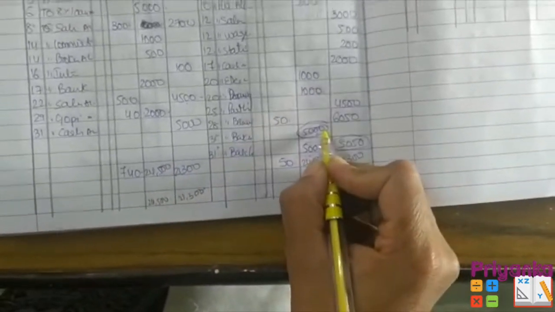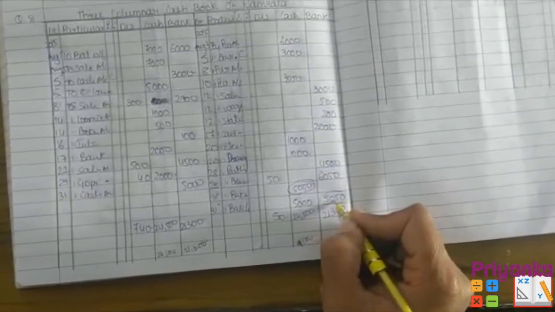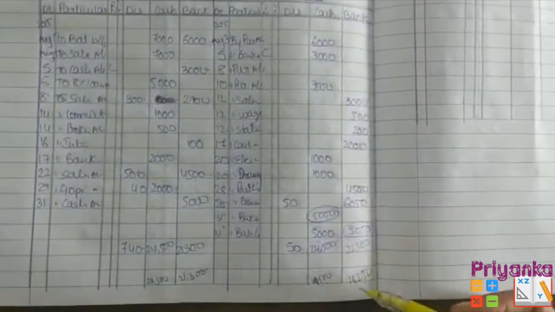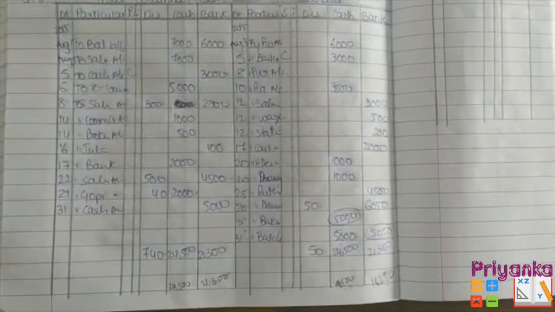This is the balance we find after getting it minus, and here is the other balance which we find for the bank column. If you want, you can repeat this step as much as you can, so you can understand this process, how to write this. Moving to the next question.